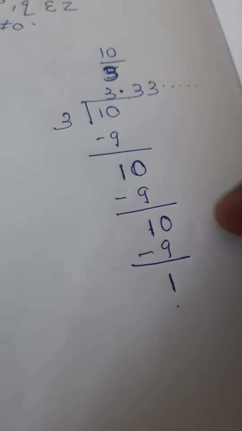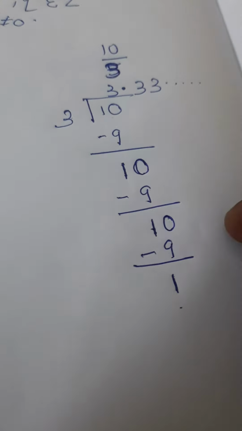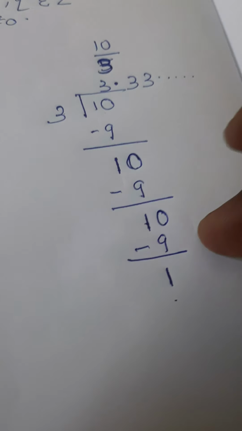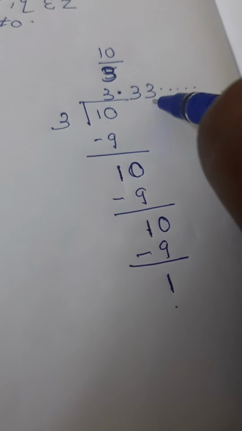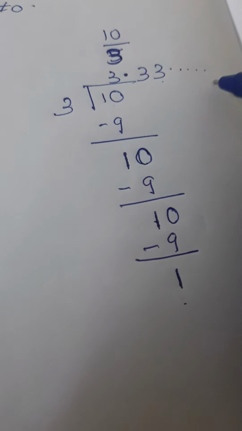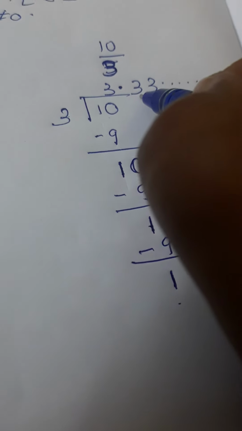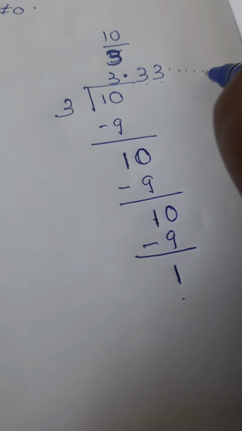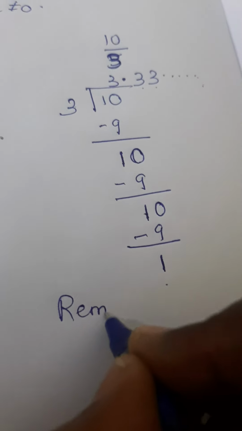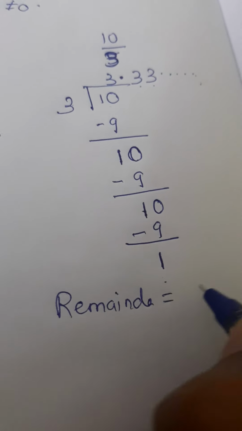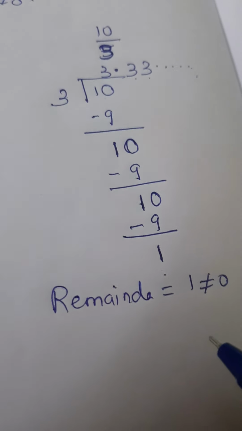So what you observe here is the division of this number 10 by 3 gets into a loop, and every time you end up with a remainder 1, and the decimal part does not terminate, as the digit 3 keeps on repeating itself. The remainder is 1, that is, it's not equal to 0.